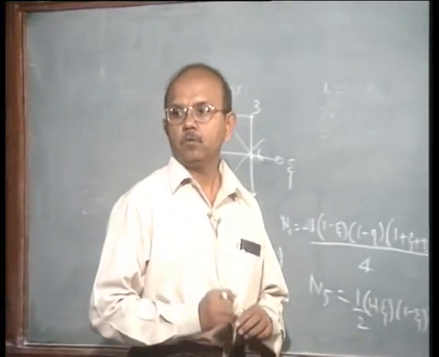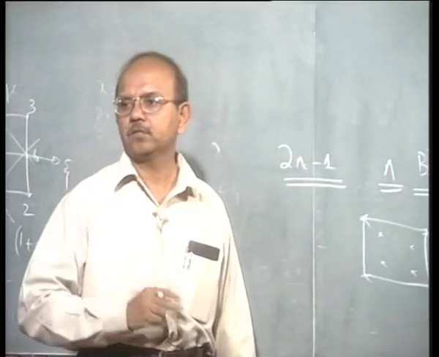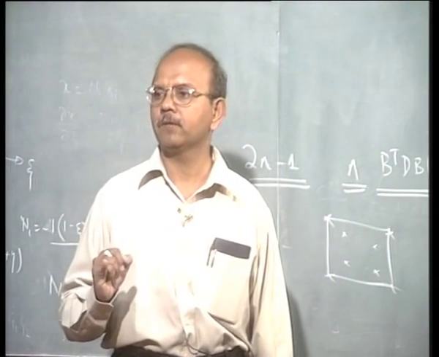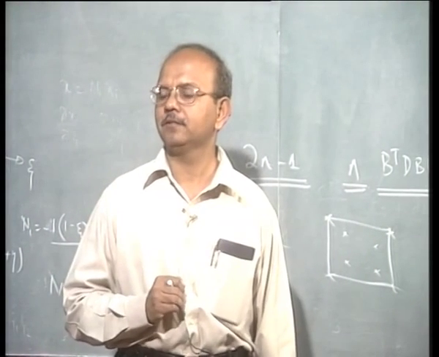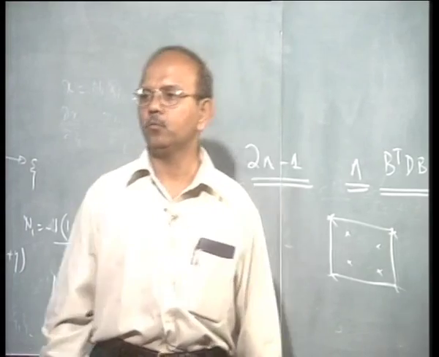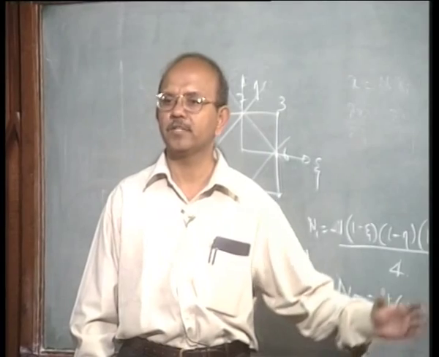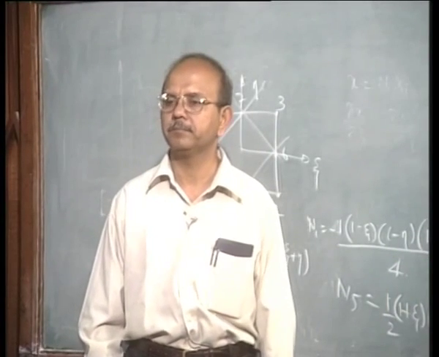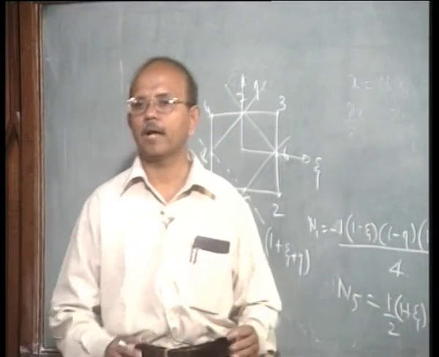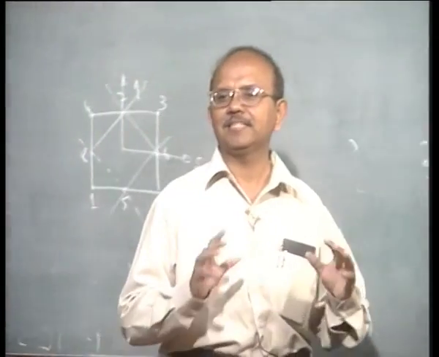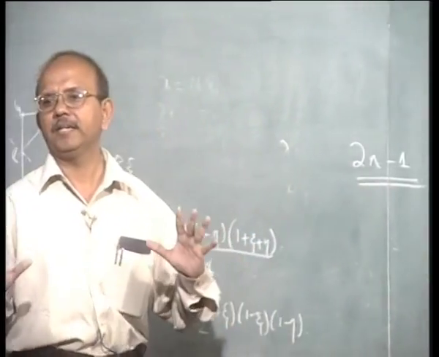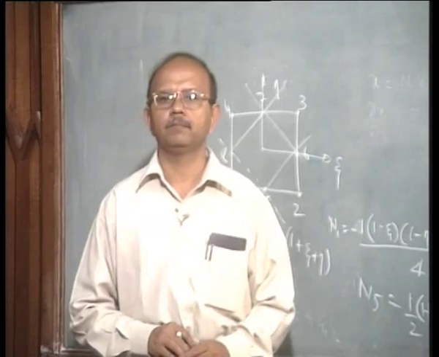We will look at two things. One is what happens when we do not use 2 by 2 Gauss points, say for this problem.